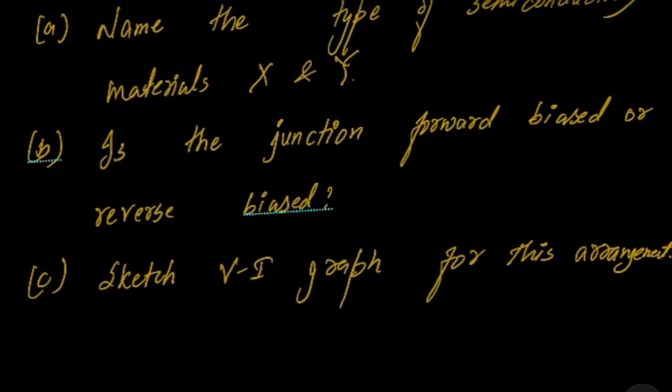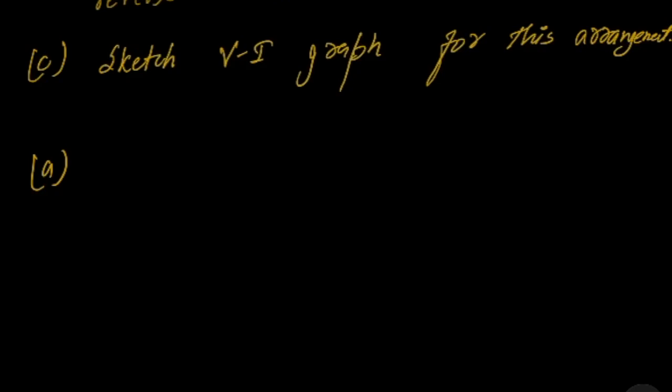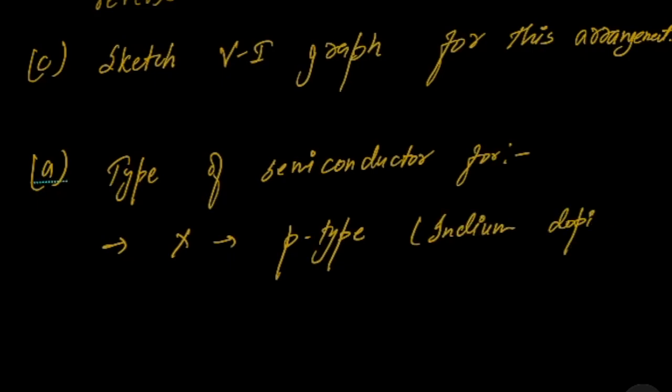So first of all, it is asking for the type of semiconducting material. So for A, the type of semiconductor: for X, it is P type because of indium doping, and second is Y and it is N type.